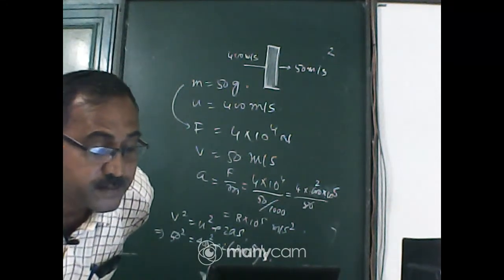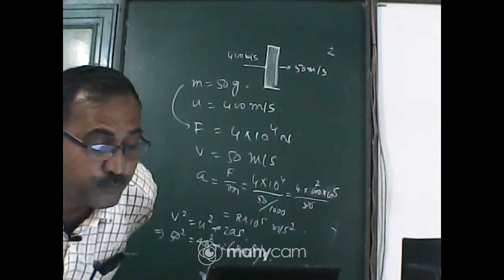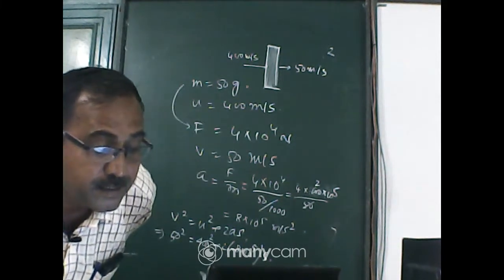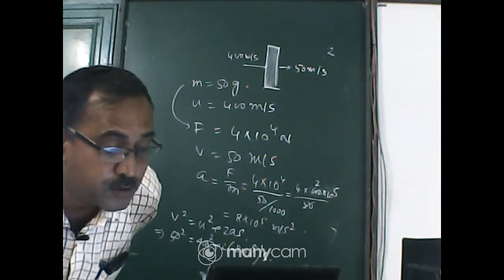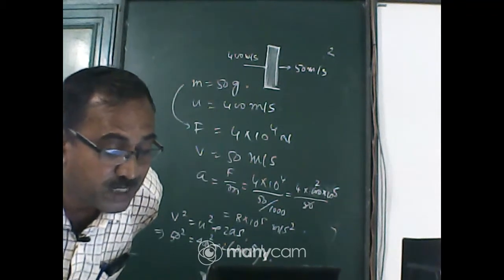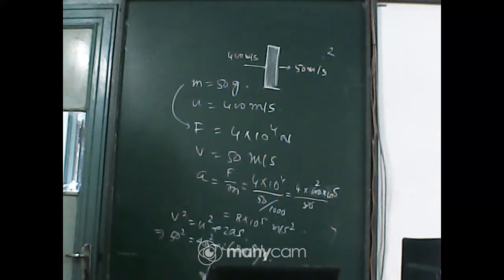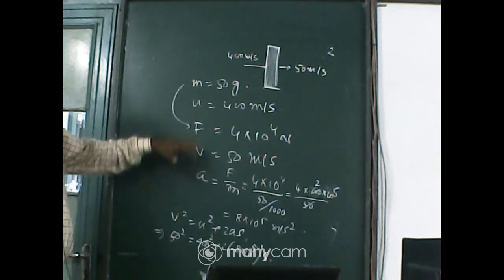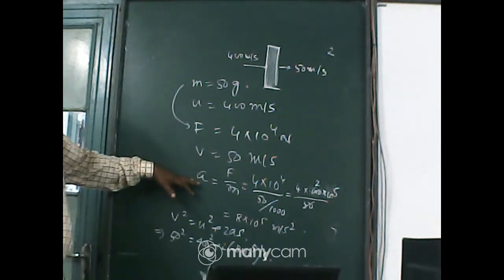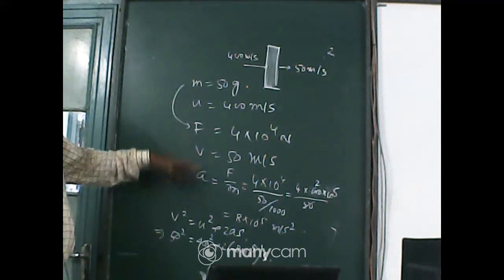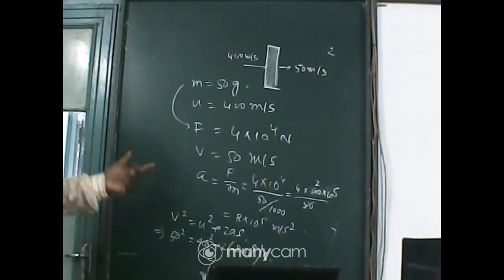The value of S. Another bullet of lower mass but traveling with the same velocity and exerting the same force cannot go out of the wall. What is the maximum mass? Same method you find out, because when the A is given, force by acceleration is the mass, in a reverse method.